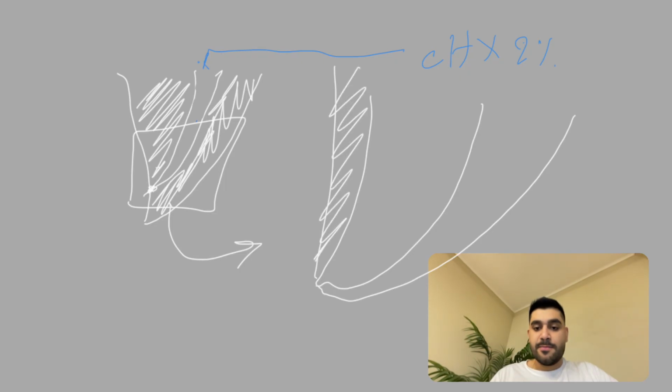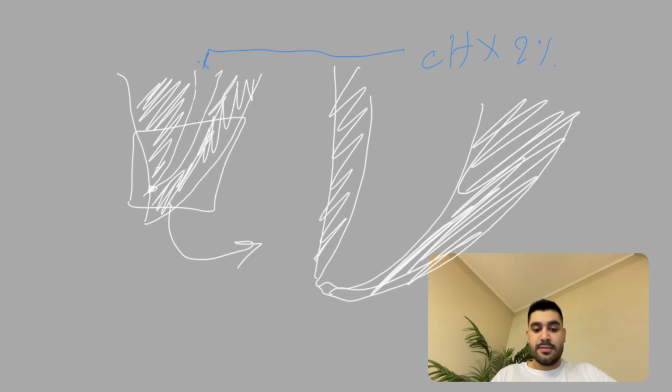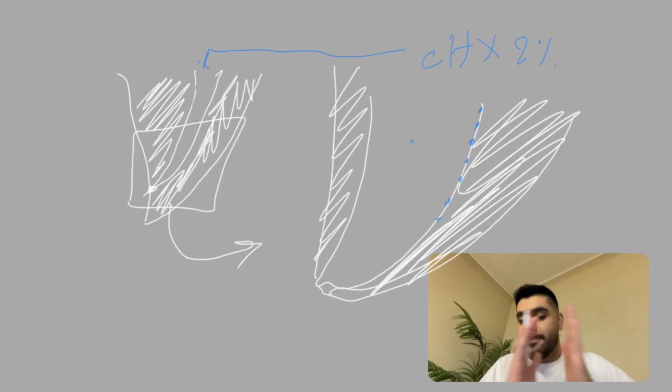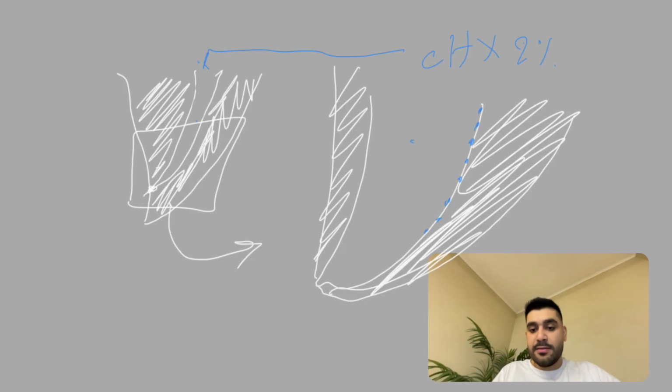If this is the dentin, and here is the root canal, when we use chlorhexidine, the molecules come, and by exposure to the collagen of dentin, they will attach, they will sit on the dentin wall of the root canals.